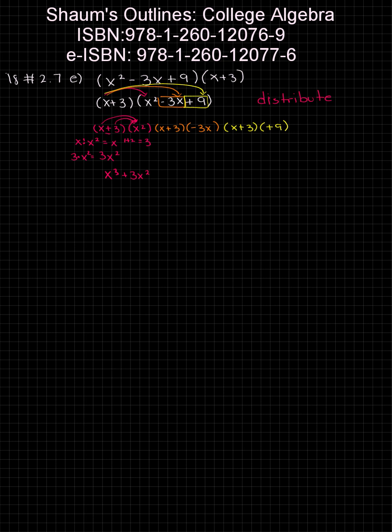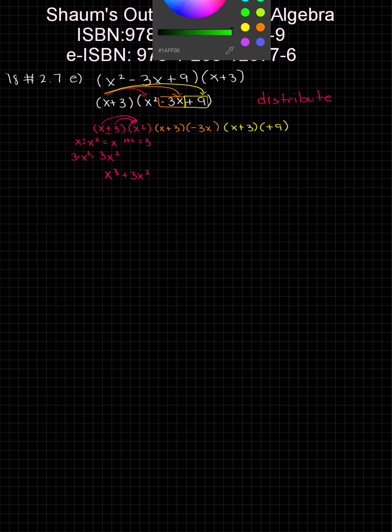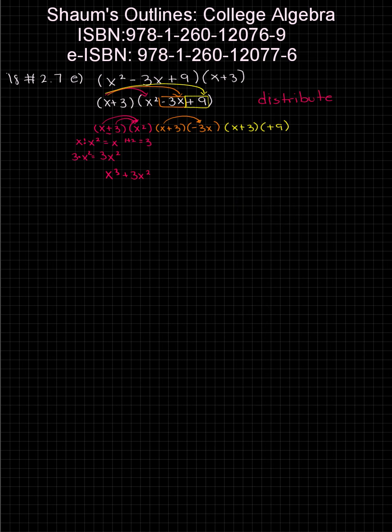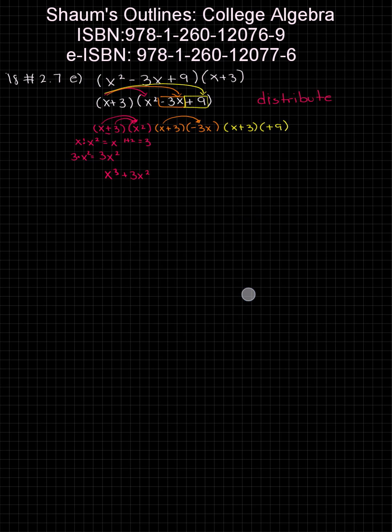For my orange expressions, I have x times negative 3x. And when I don't have numbers, remember I add an imaginary 1. So here's my imaginary 1 and another imaginary 1. And I'm going to get x to the 1 times negative 3x to the 1. So what would I do here?